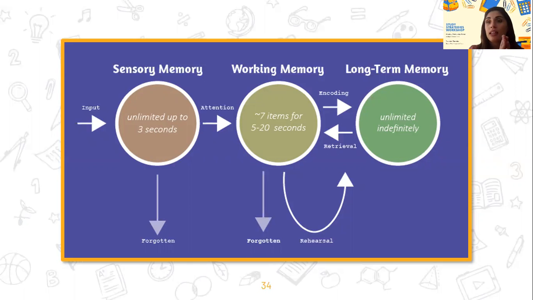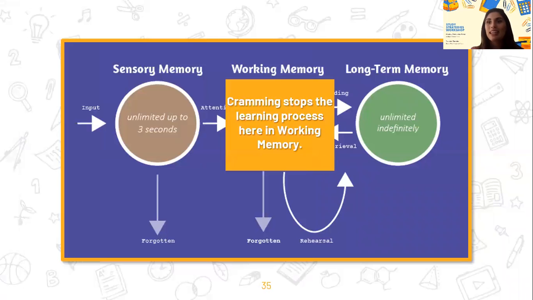And for it to stay in your long-term memory and be used for even longer, you have to do something called rehearsal. And rehearsal is really what you're doing when you are studying. So when you cram, things sort of stop at working memory.